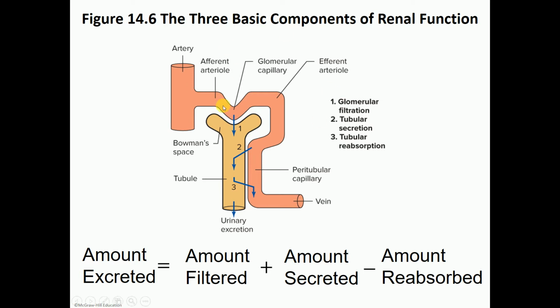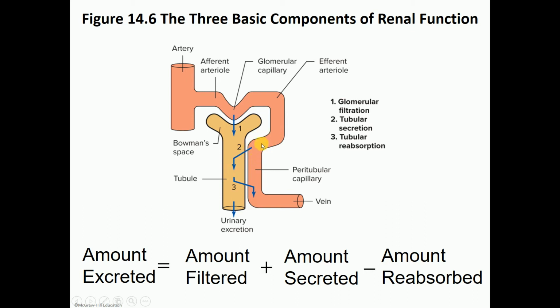Now everything that is filtered, if the composition of that filtrate doesn't change, well, all of that will eventually be excreted. But that's not how things work. There are still things in the bloodstream that need to be excreted, and that will happen through a process known as tubular secretion.